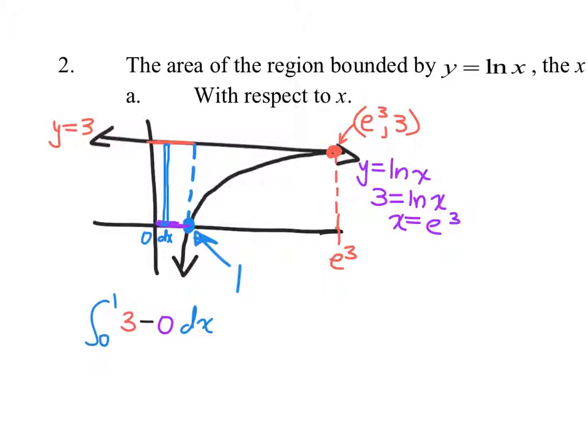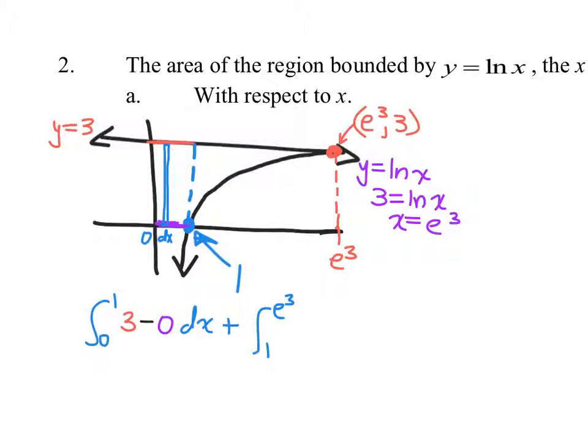All right. Now, for the other part, what I really need is this area here. In order to find that, again, it's dominant minus non-dominant. So I'm going to add to this integral that I already have, and this is happening over 1 to e to the third.